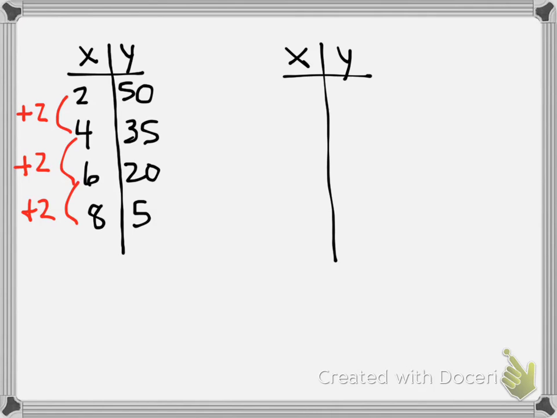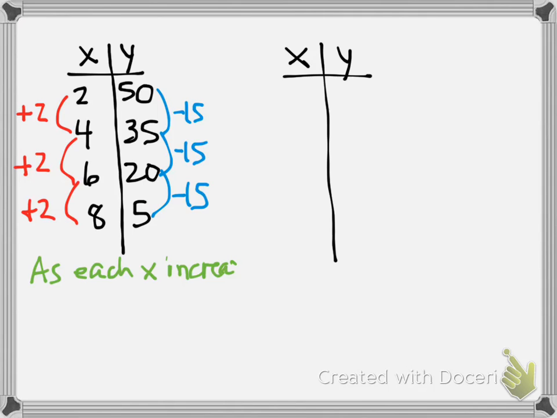All right, let's look on the other side. 50 to 35, what am I doing? Subtracting 15. How about 35 to 20? How about from 20 to 5? Okay. So in this case, what we see is, as each x increases by 2, each y decreases by 15.